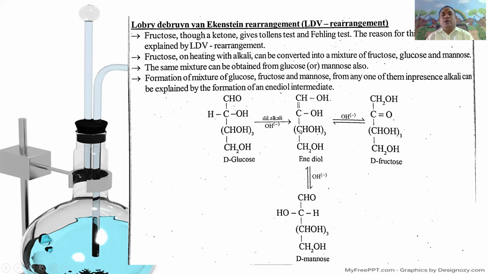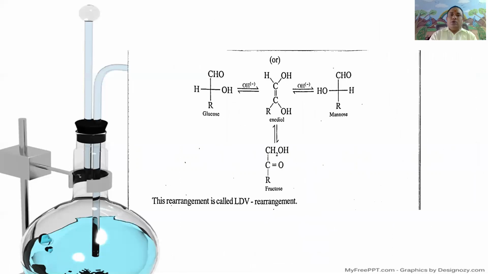From this intermediate, D-glucose is converted into D-fructose. Similarly, D-glucose is converted into D-mannose. Similarly, D-mannose is converted into D-glucose. The same reaction can be explained in shorthand notation: CHO, HCOH. For example, glucose upon treatment with alkali undergoes keto-enol tautomerism to give CHOH, C double bond C, OH, the enediol.